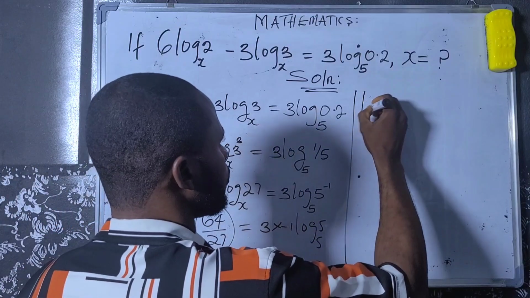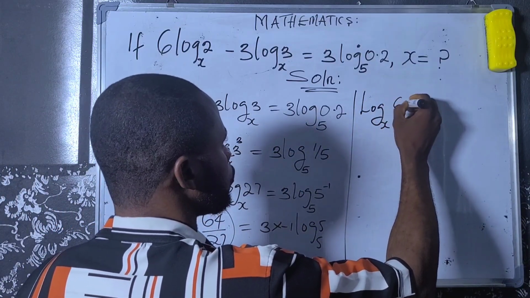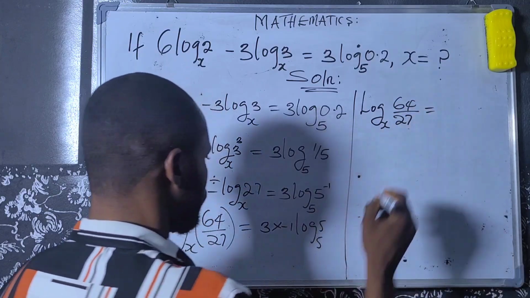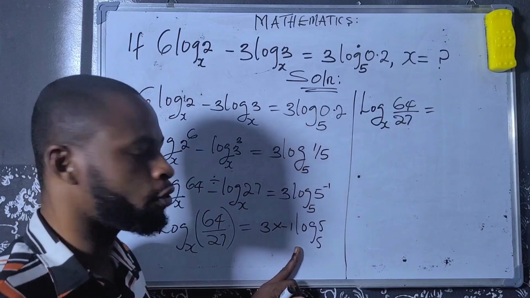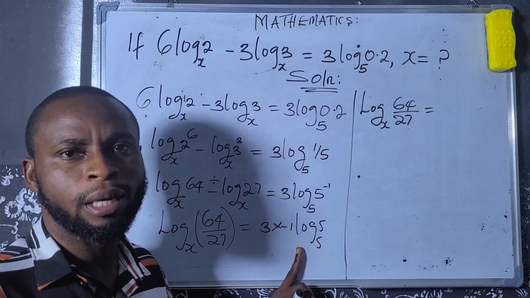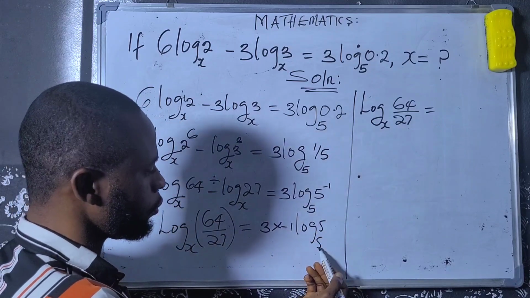Here we have log to the base of x of 64 divided by 27 equals, here note that if you have log a to base a, it will give us 1. And as such, log 5 to the base of 5 is 1.